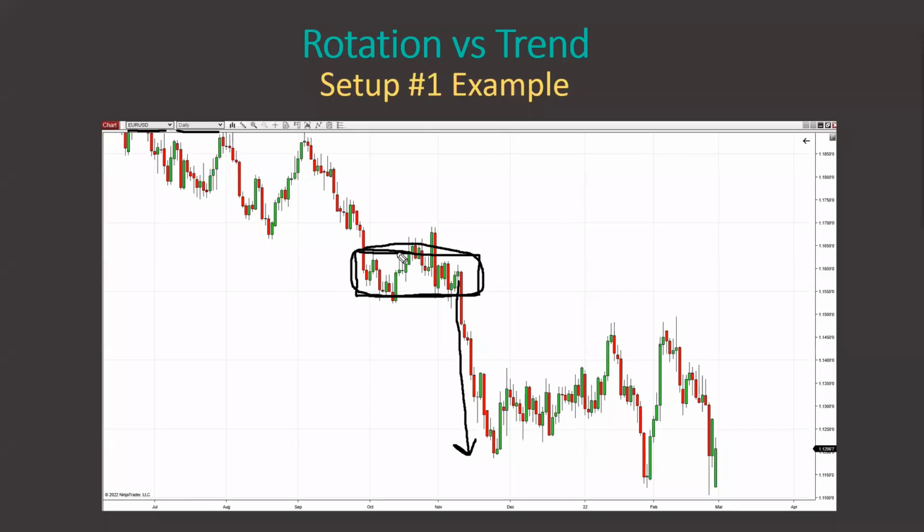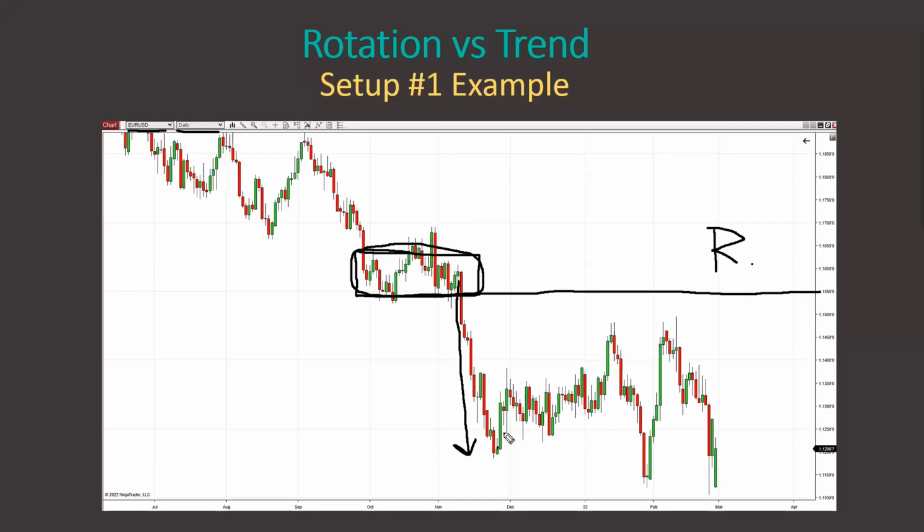Remember, I was telling you that there's always a rotation and then there's a trend. So in this rotation, strong institutional sellers were building up their shorts, and when they were done, they pushed the price aggressively downwards. So what you do is you draw the line from here like this, and that will be the resistance to trade from.